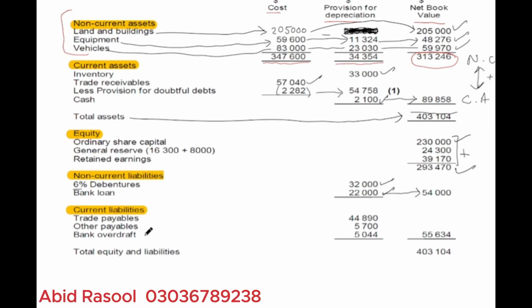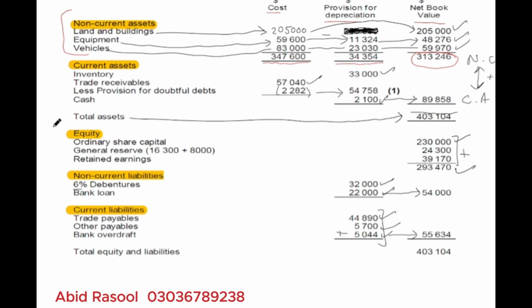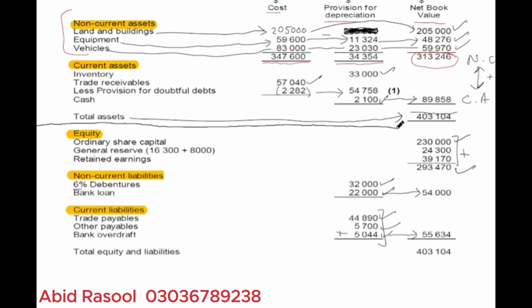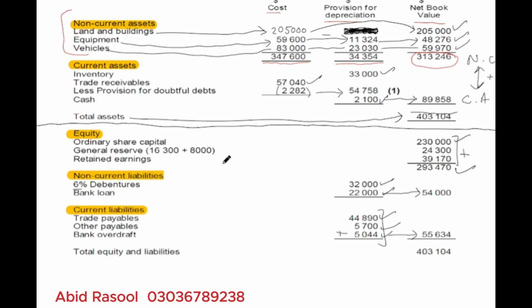And then current liabilities. In current liabilities, we have three items: trade payables, other payables, and bank overdraft. They will all be added, and their sum will also be shifted to the last column. And now you can see that our statement of financial position has two sections, or you can say two halves.